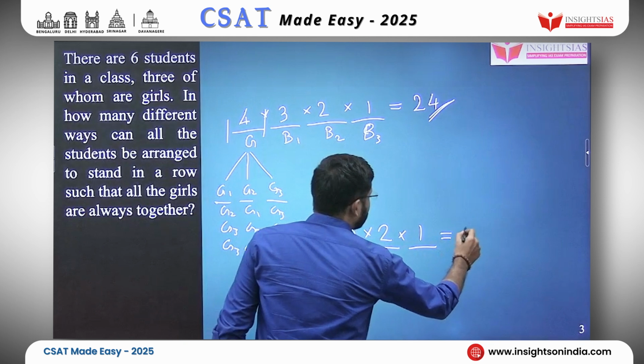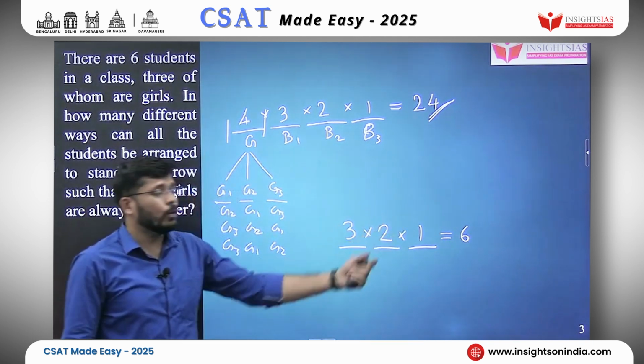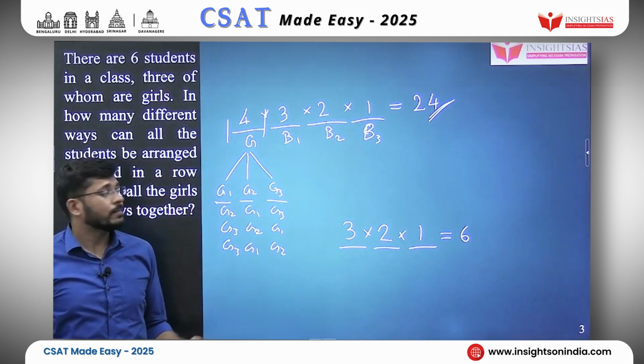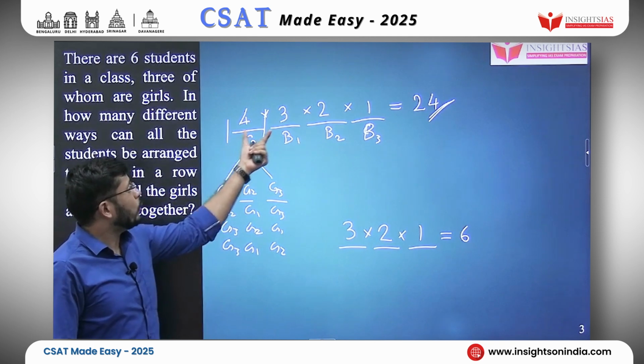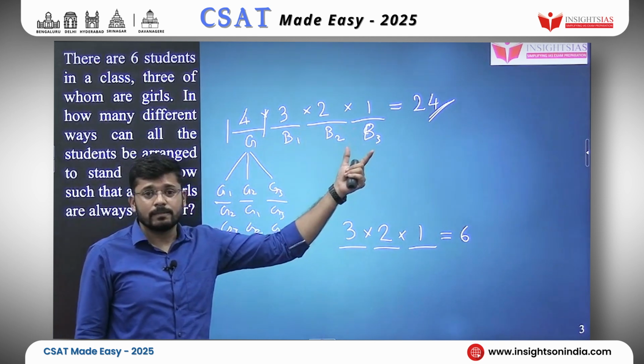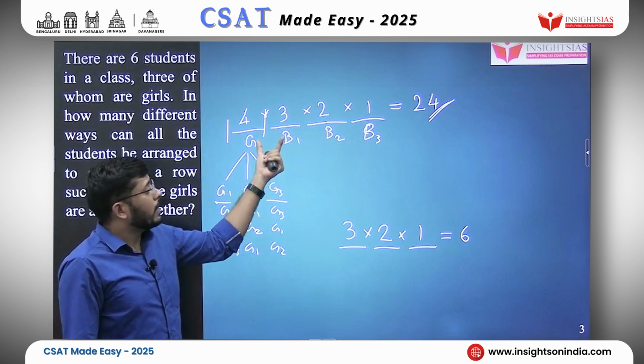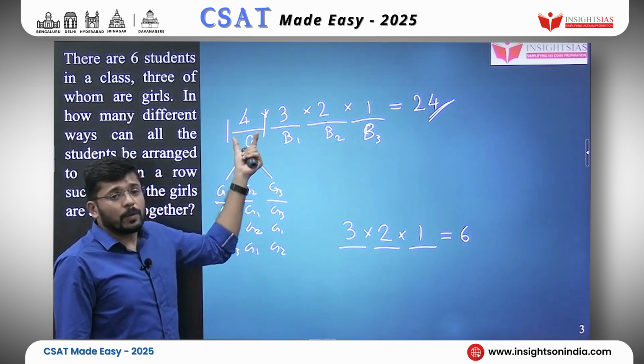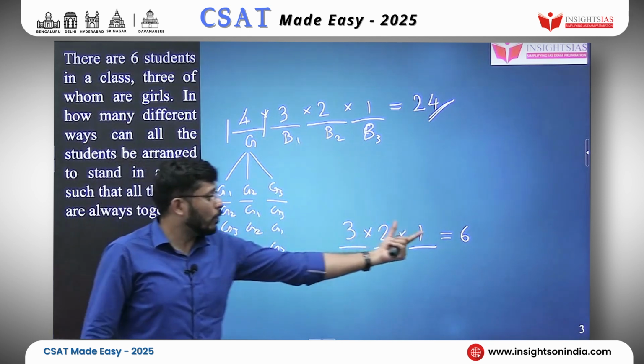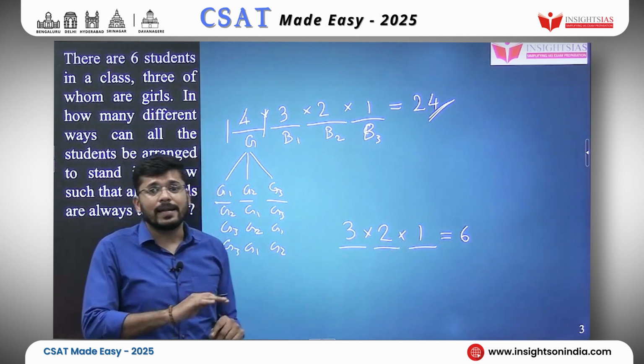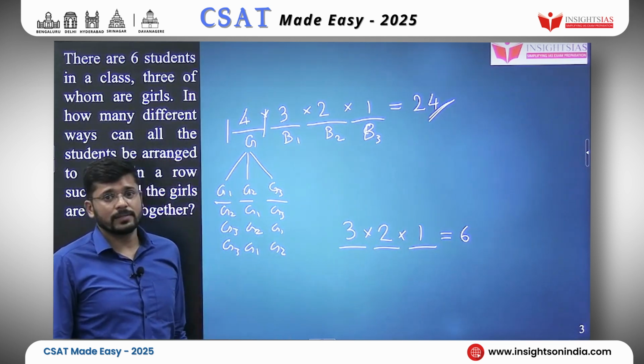So inside the block we will have 6 arrangements, and this block can be here or here or here or here. Anywhere the block moves, it will have 6 internal variations within itself always.